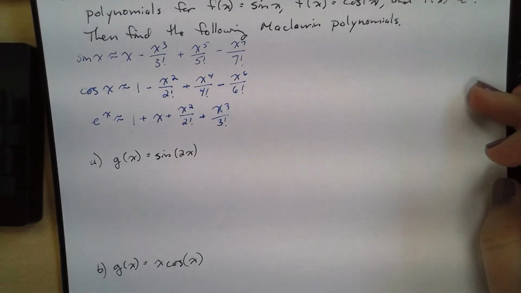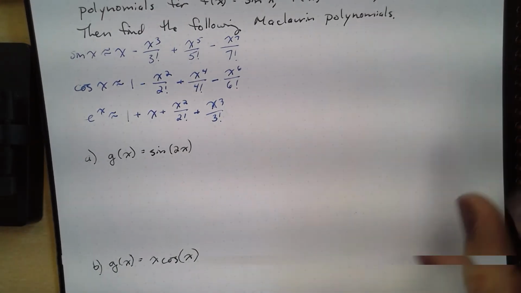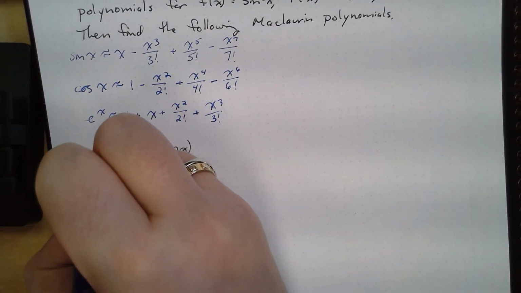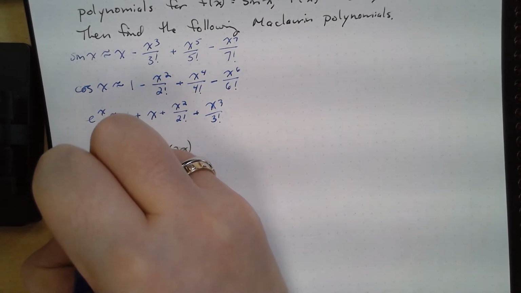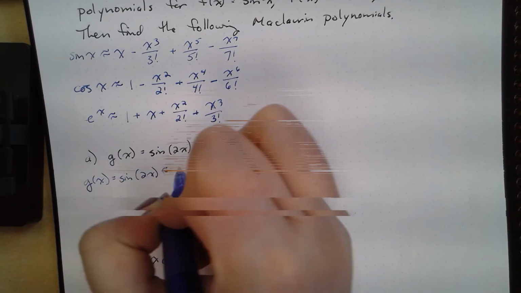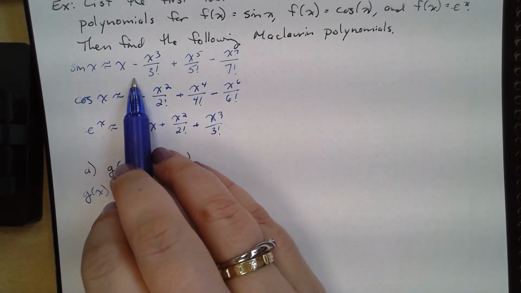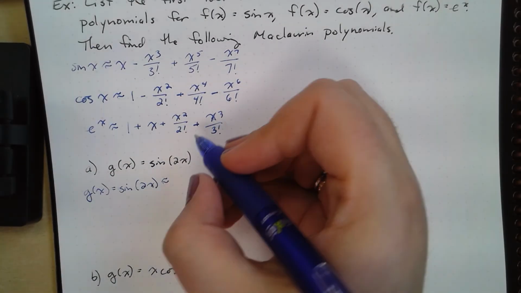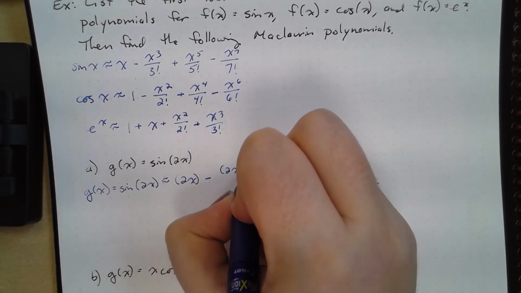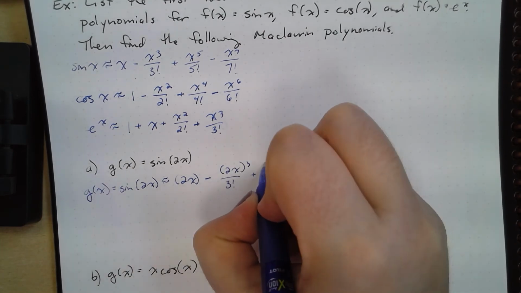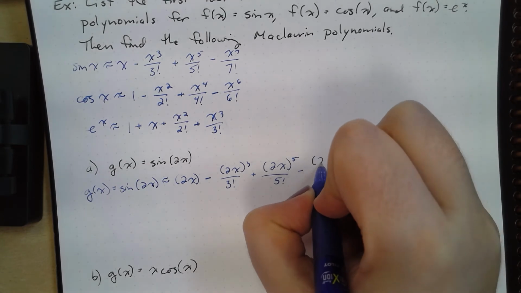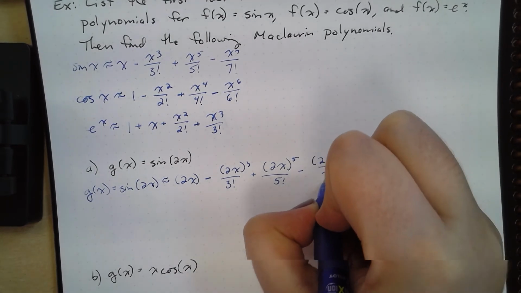So let's start with sine of 2x. Well, g of x is equal to sine of 2x, which is approximately, any time I have an x, I'm now going to replace it with a 2x. So it's approximately 2x minus 2x cubed over 3 factorial plus 2x to the 5th over 5 factorial minus 2x to the 7th over 7 factorial.